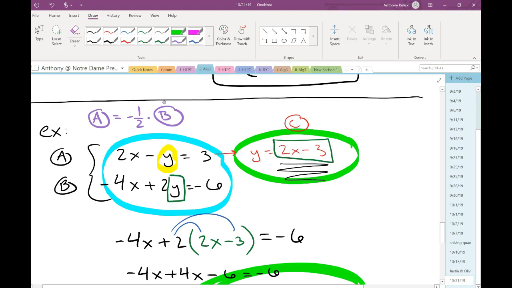Everybody can see that? Or you could, if you prefer, write it as equation B is -2 times equation A. You could think about it that way also, if that feels better to you. If you have that situation where one equation is a multiple of the other equation, that's always going to give you infinitely many solutions.